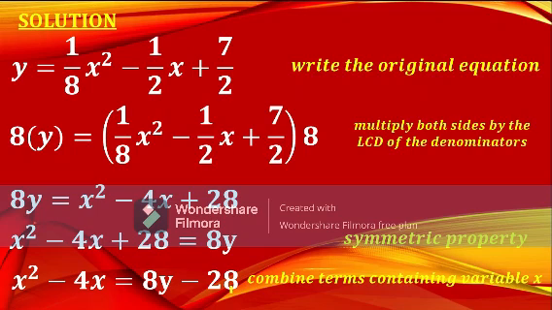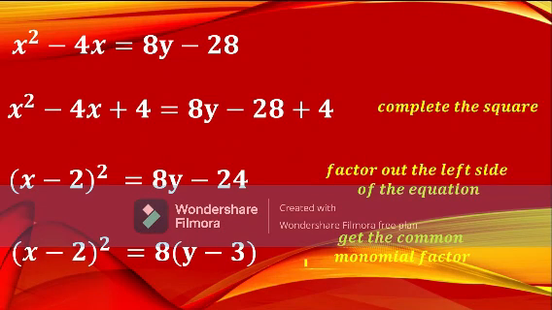Okay, let's continue. So we have here x squared minus 4x is equal to 8y minus 28. By completing the square, you know already how to complete the square. So you have x squared minus 4x plus 4.